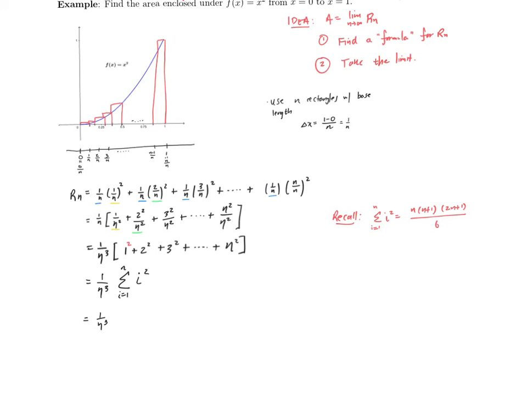So we have 1 over n cubed times n plus 1, 2n plus 1, all over 6. And this is going to give us our formula for R sub n.